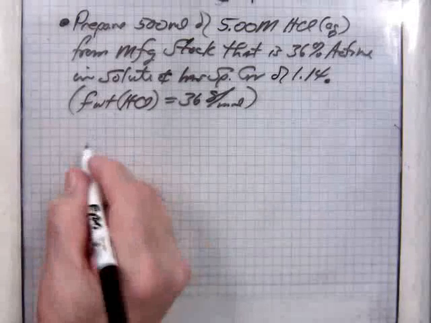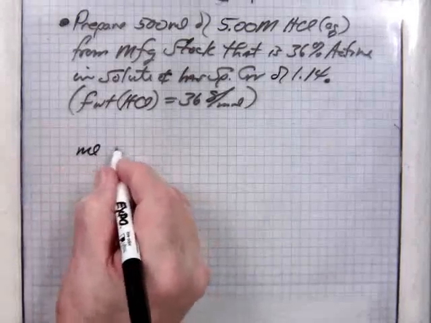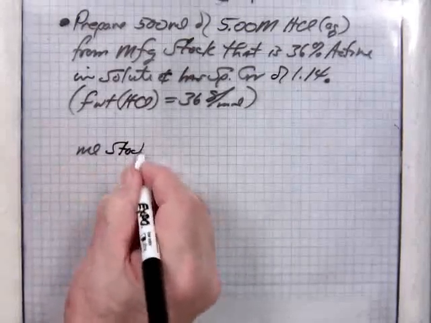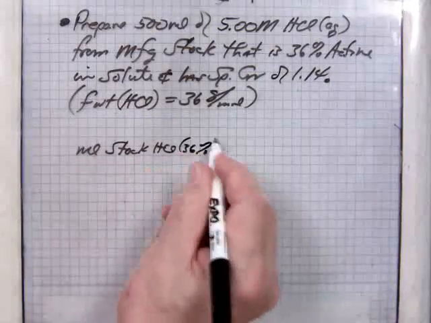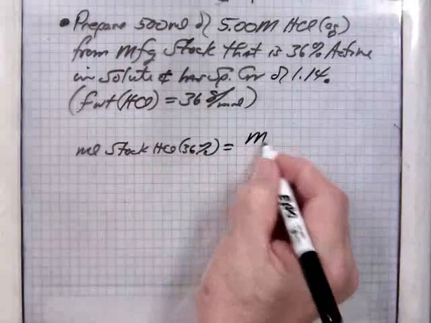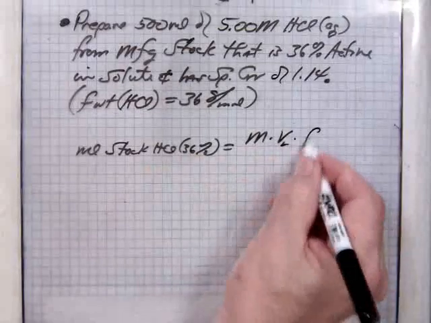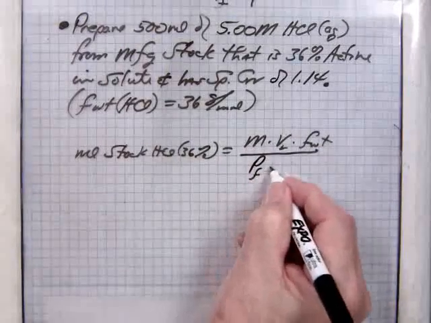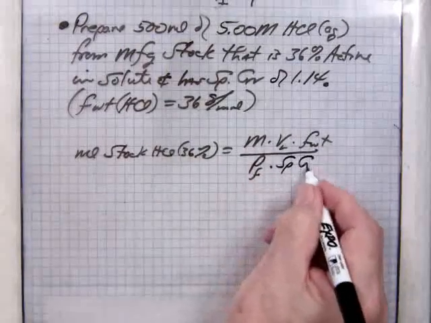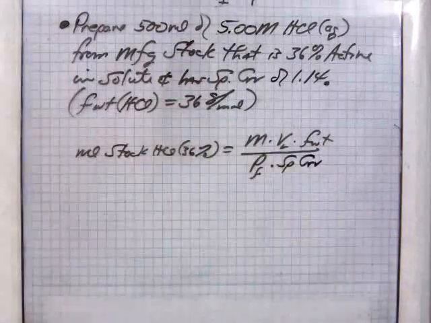Anyway, the milliliters of stock HCl 36% needed will be again molarity times volume in liters times formula weight divided by your purity factor, also divided by the specific gravity in grams per mil.